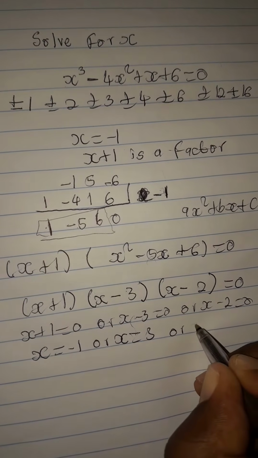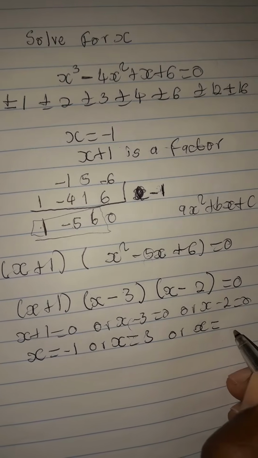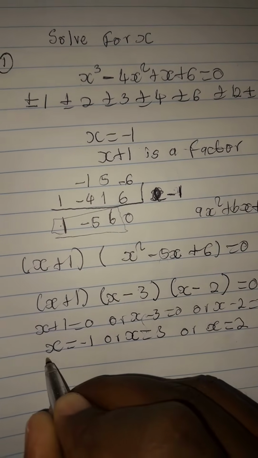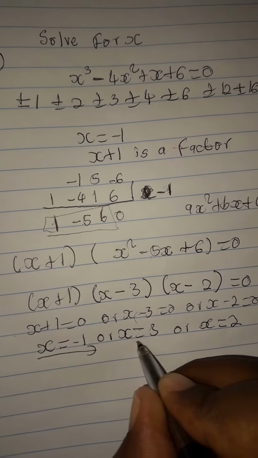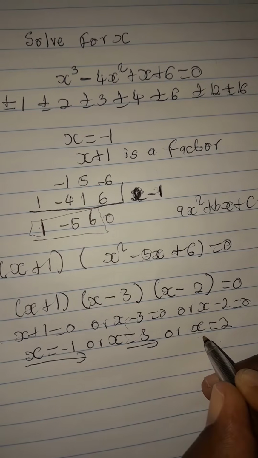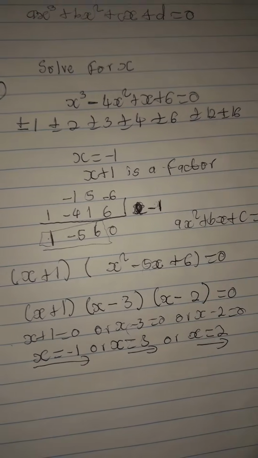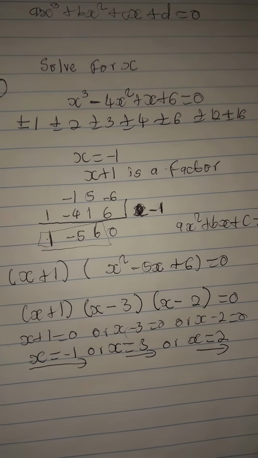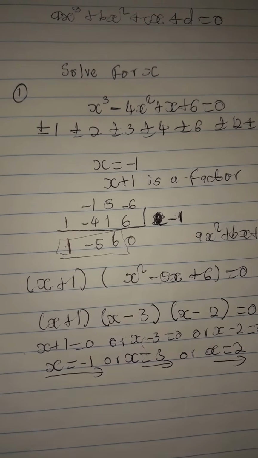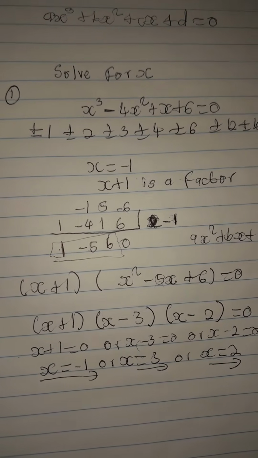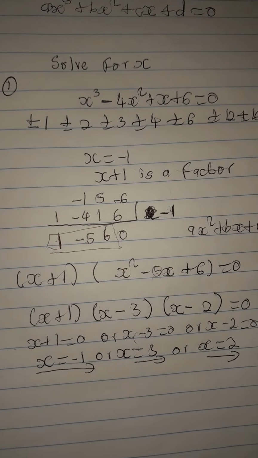Let's take negative 2, that will be positive 2. So in other words, we have x equals negative 1, or x equals 3, or x equals 2. So that's how you can solve the first equation using synthetic division. Now let's go and work with the second equation.